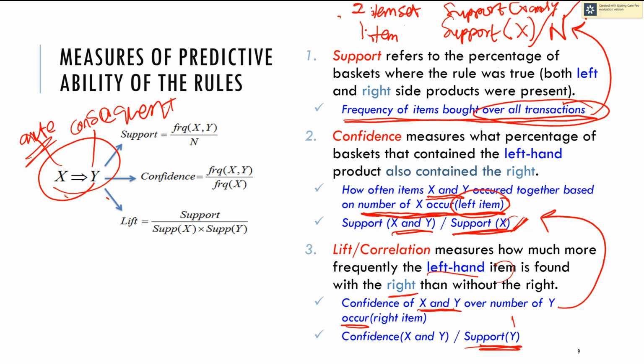So we know that this is the left side and this is the right side. It can be A and B, or any other notation.